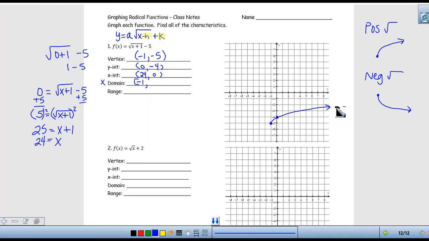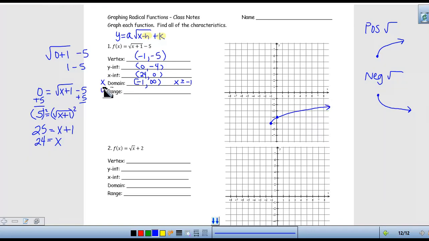The furthest to the right that this graph goes is positive infinity. We'll use a parentheses. You might also see this written as an inequality. X is greater than or equal to -1, meaning that if I find -1, I will be using all of the x values to the right of -1.